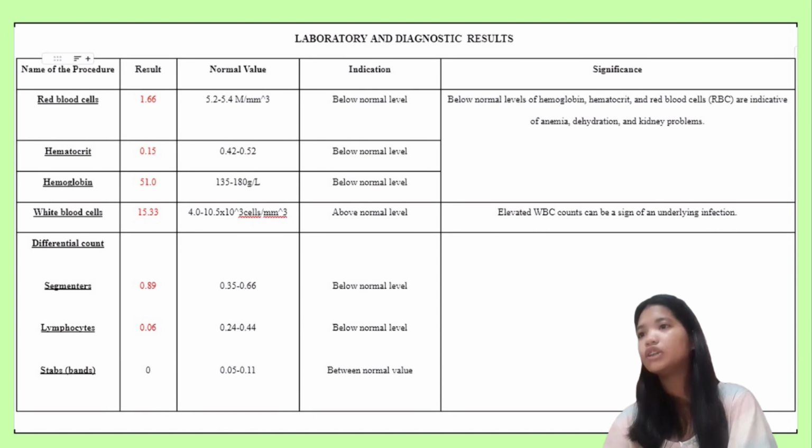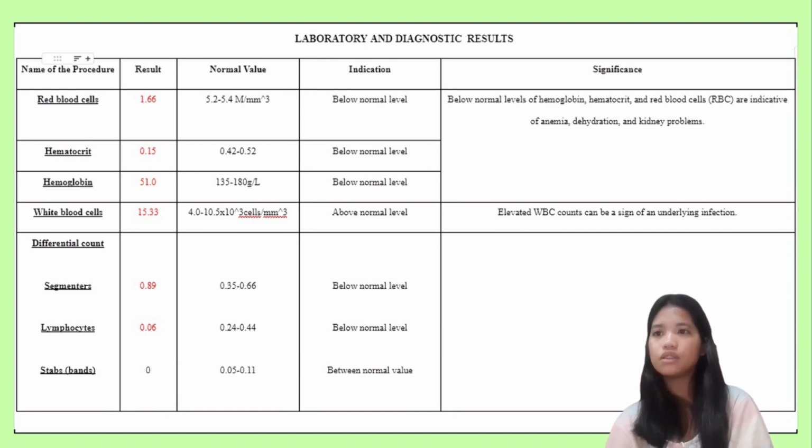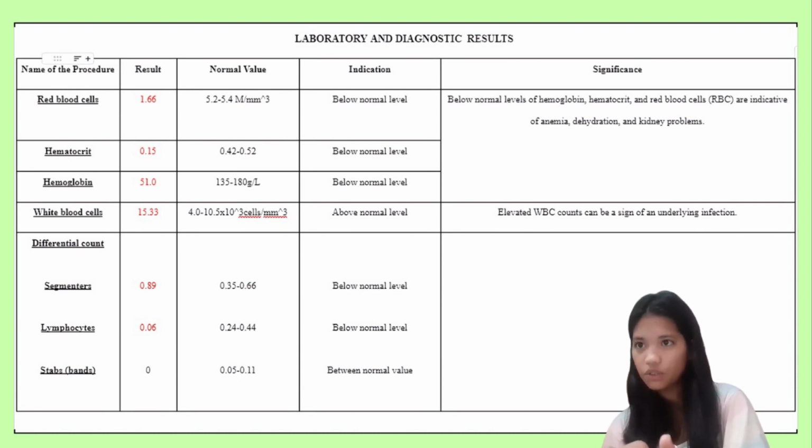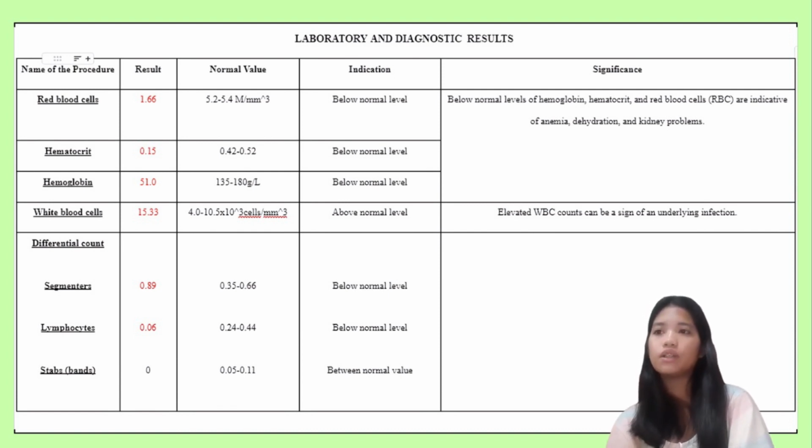So for the differential count, the segmenters result is 0.89 and the normal value is 0.35 to 0.66. So this is above normal, guys. So the patient is above normal level, and for the lymphocytes the result is 0.06 and the normal value is 0.24 to 0.44.